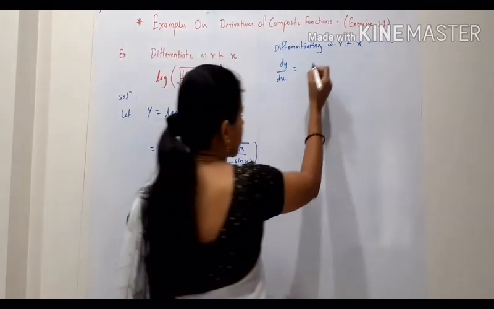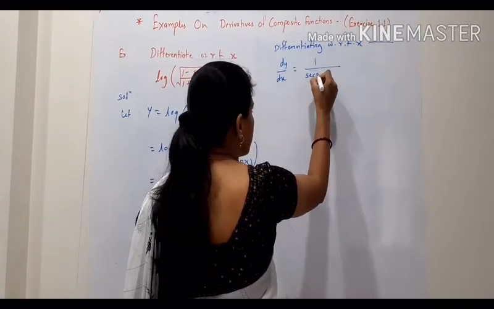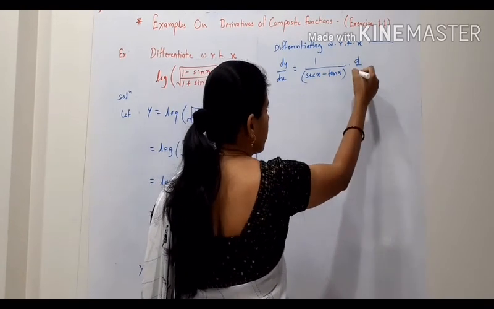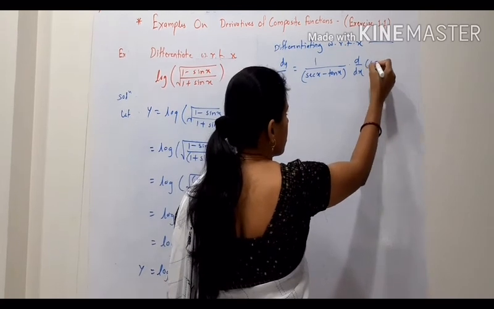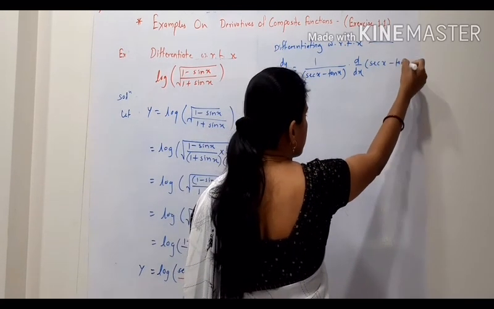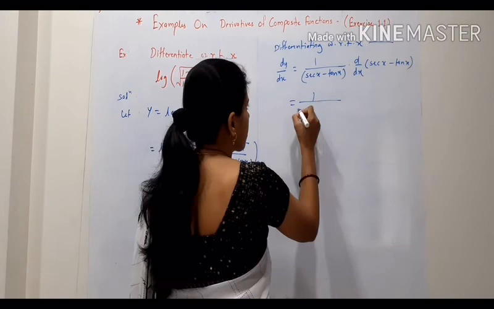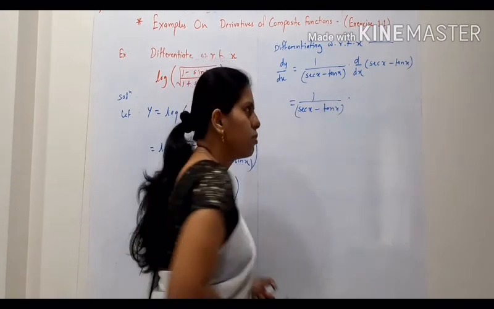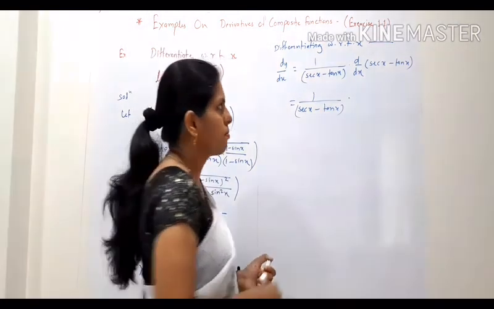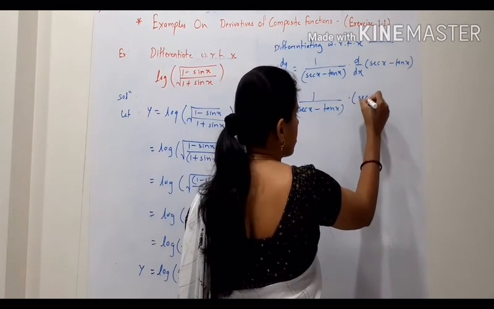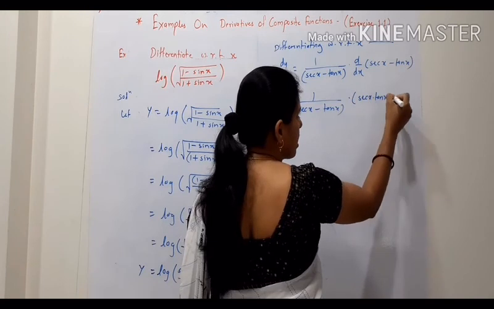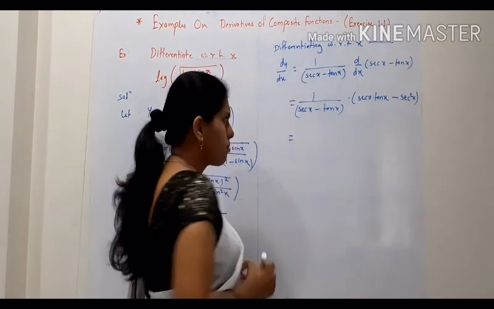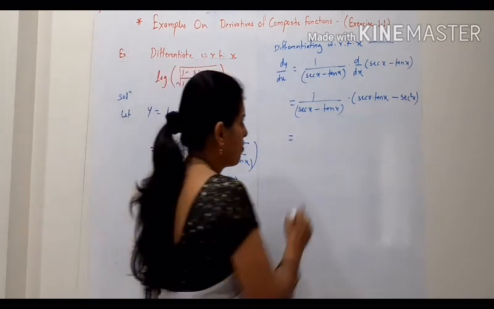So 1 upon f(x), that is 1 upon sec x minus tan x, into the derivative of sec x minus tan x, which is the derivative of sec x minus the derivative of tan x. The derivative of sec x is sec x into tan x, minus the derivative of tan x, sec square x. This can be simplified in the next step.